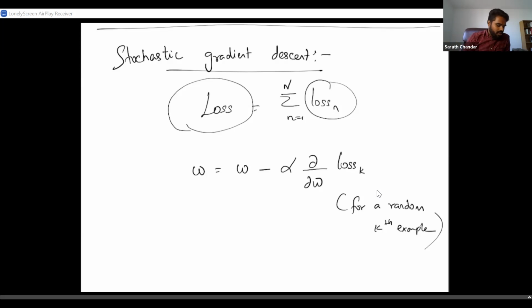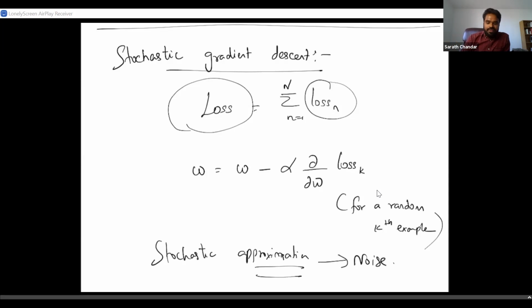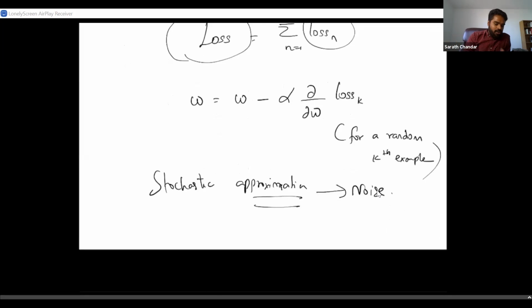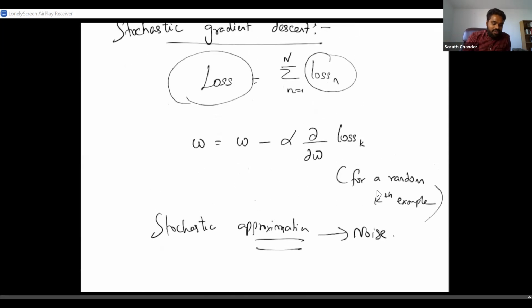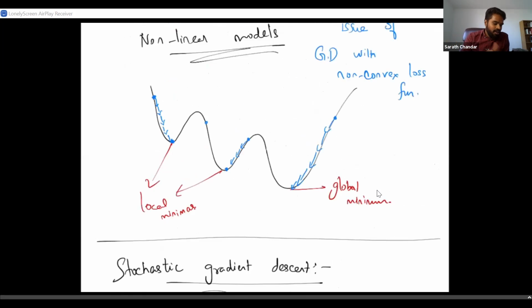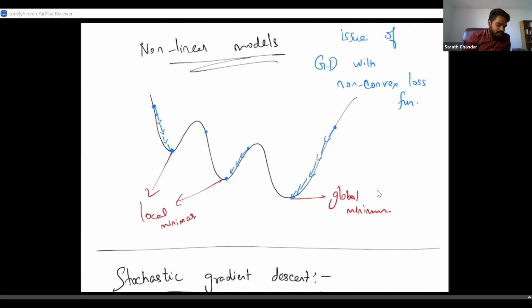However, this is a stochastic approximation. Most importantly, this is an approximation, which means it's not the exact gradient that we are interested in. So this introduces some noise. Now, when you are in a non-convex setting, this noise could actually help you instead of hurting you. For example, let's say I start again here.